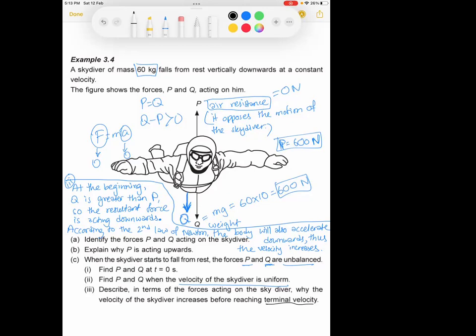That's when the resultant force is 0, so the body doesn't accelerate, and it reaches the terminal velocity. But at the beginning it is accelerating. And let's say on the moon, or if the question specifically says ignore air resistance, the body will constantly accelerate downwards, because there's nothing to counteract it.